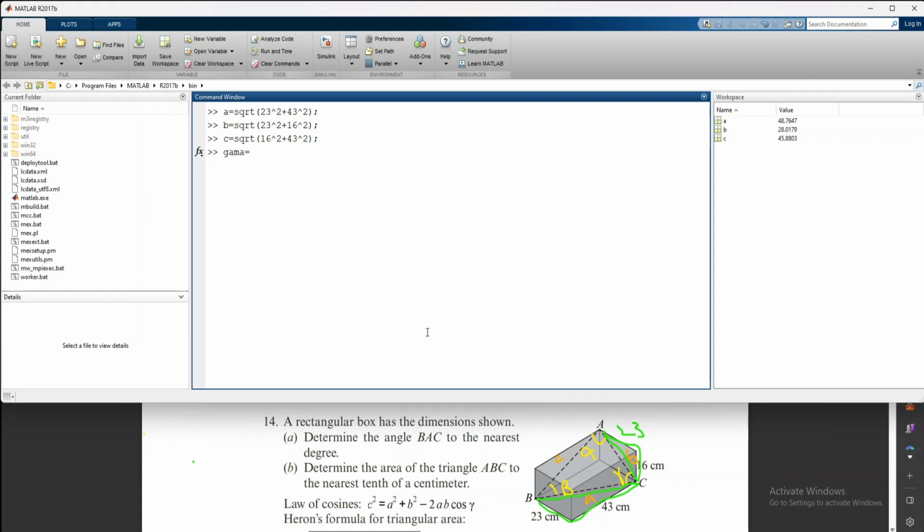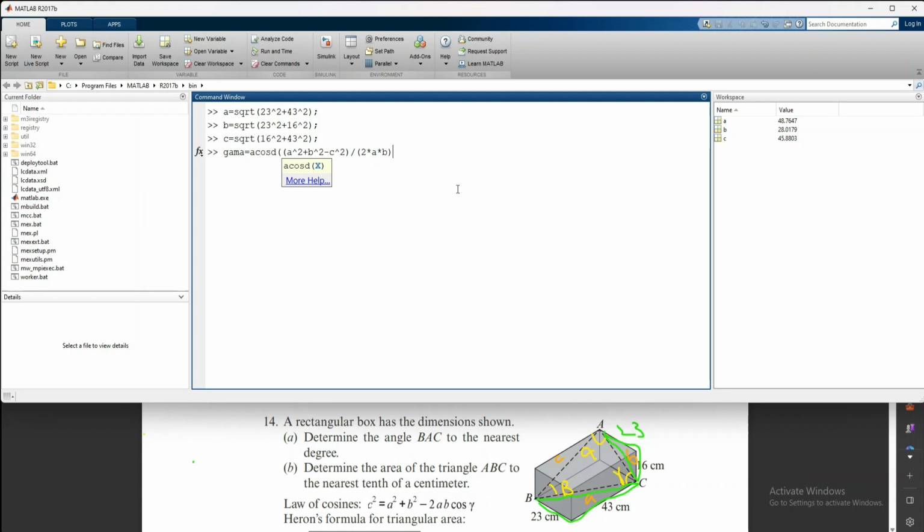For cos inverse the syntax is acosd, since we are going to solve in degrees. acosd, bracket, then again bracket for the first part: a square plus b square minus c square, bracket close, divide by again bracket, 2 a and b.